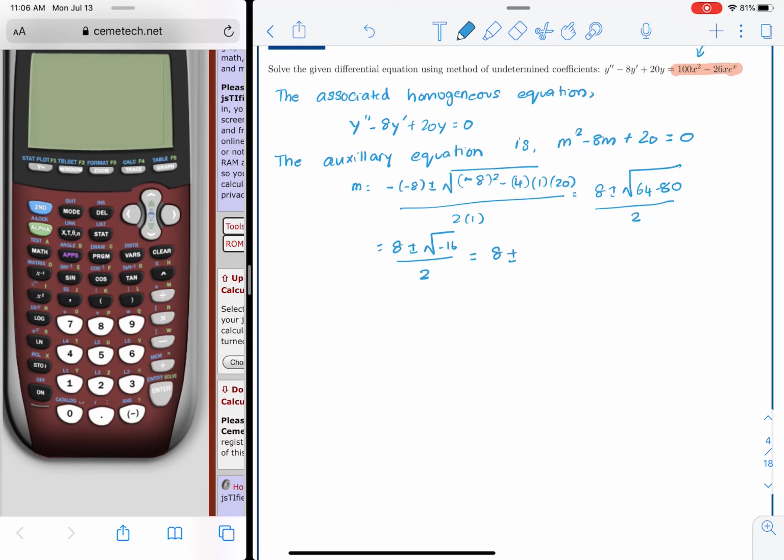If I pull 16 out of the root, I'd have 4 square root of negative 1 divided by 2. And if I simplify, I have 4 plus or minus 2 square root of negative 1, which is simply i. So we know that this is alpha, that's beta.